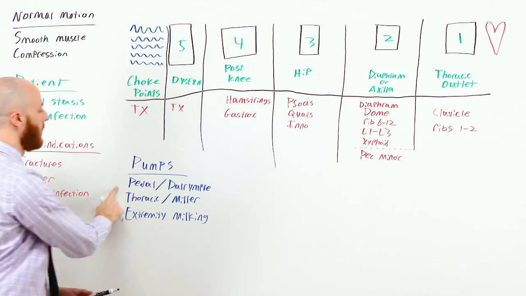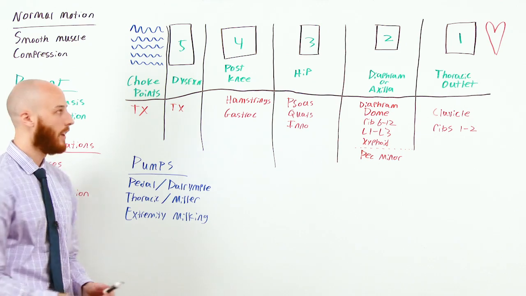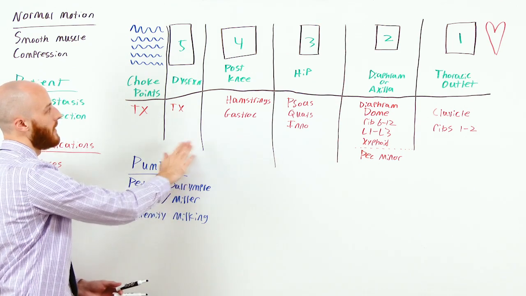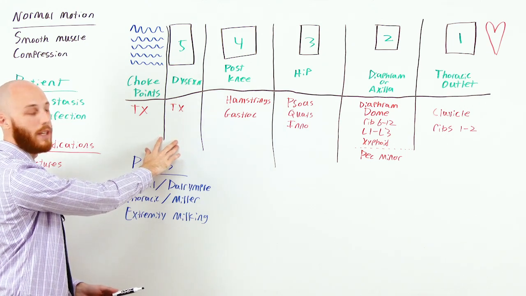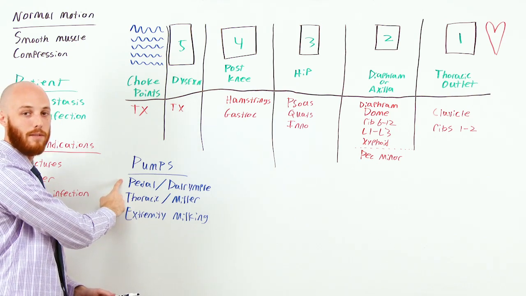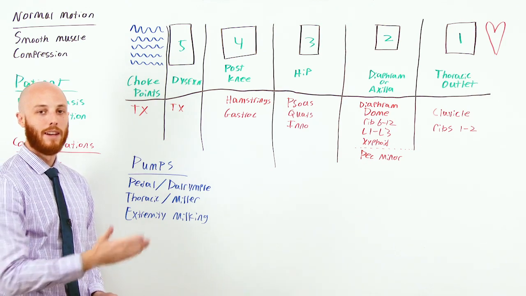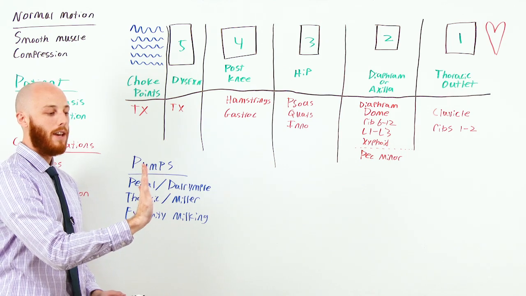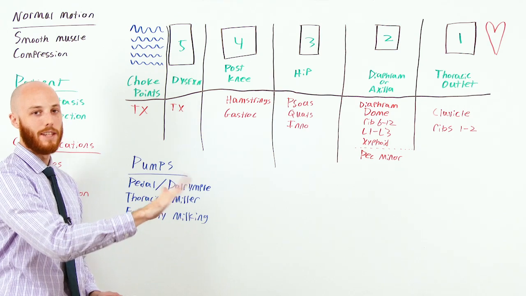So why would I use a different pump depending on which portion of the body that I'm in? If you follow the example and the distal dysfunction is somewhere in the lower extremity, you'll want to do a pedal pump. Lower extremity, use the feet. And remember, this is the treatment where the patient is lying on their back, they have their feet out, and the doctor will push the feet forward quickly to get the fluid moving.